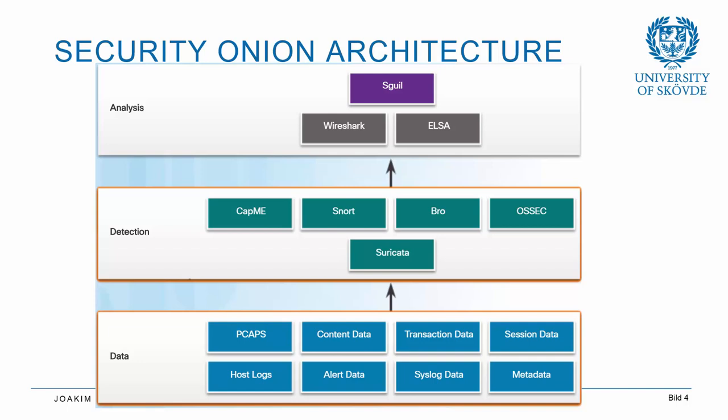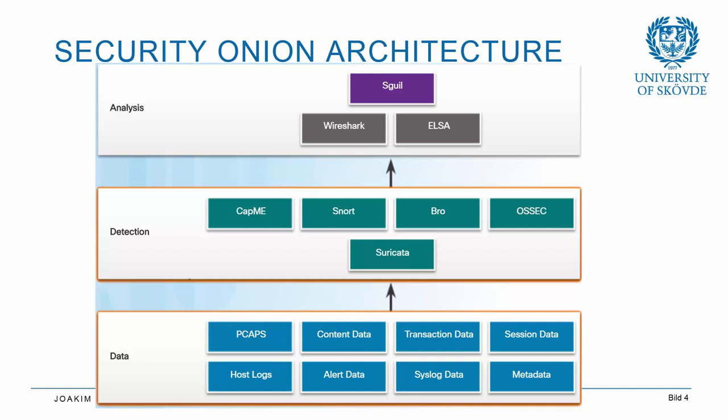What we can see is some of the tools that you can find in the Security Onion. The idea is that you should be able to capture data such as content data, transaction data, metadata, syslogs, alert data, and host logs, and so on and so forth. And there are a few different tools that you can do this with.